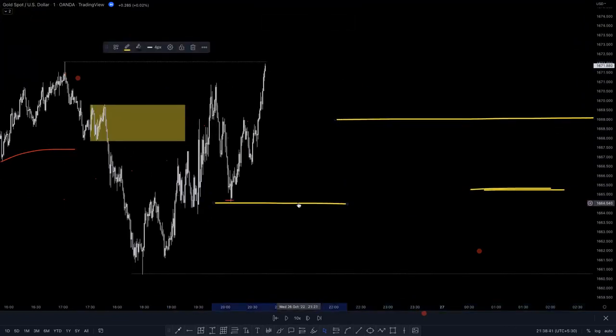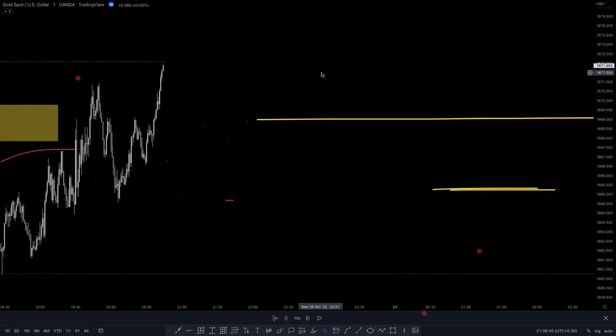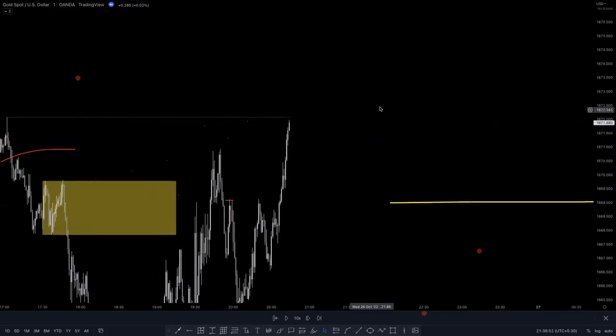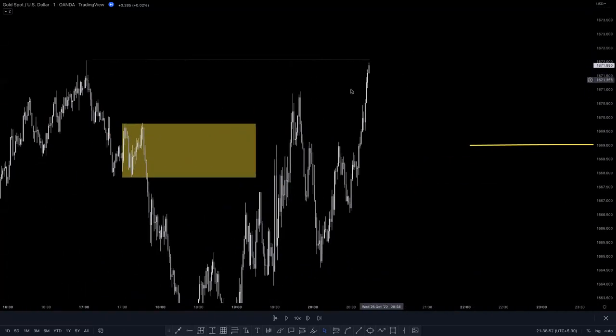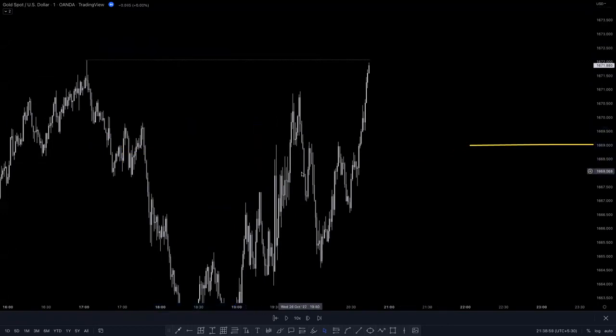Once the market has taken out the inducement, we can sell on a lower time frame for confirmation, right? So let's see what happened next here. And this one is SMT.